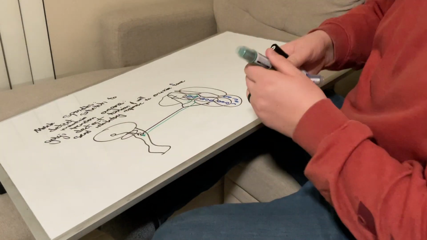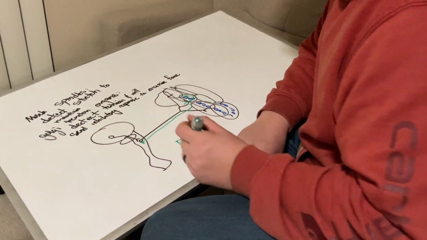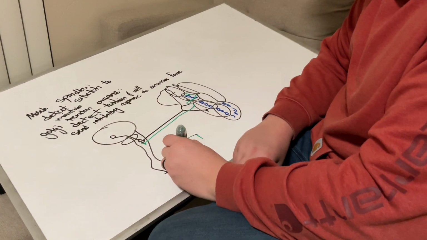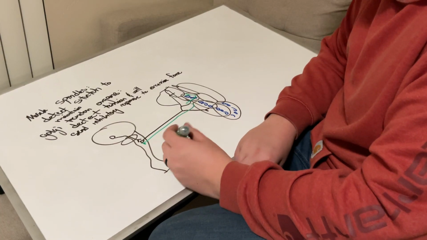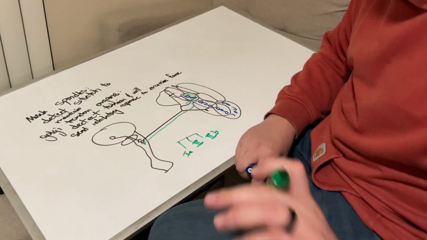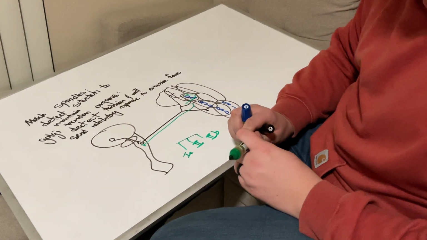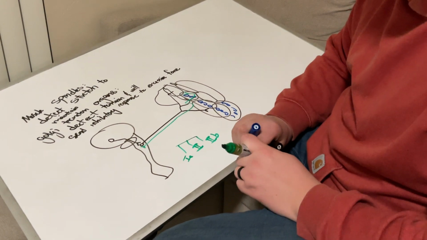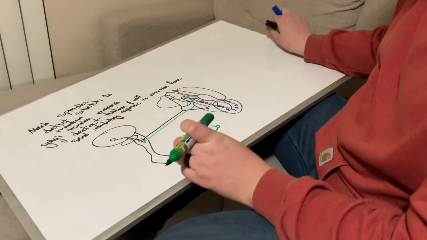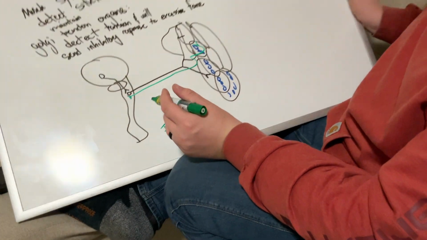With our sensory fibers, they come in 3 different flavors. The first is type 1A, second is type 2, third is type 2B. So all 3 will return to the spinal cord on the same pathway as the motor neuron.